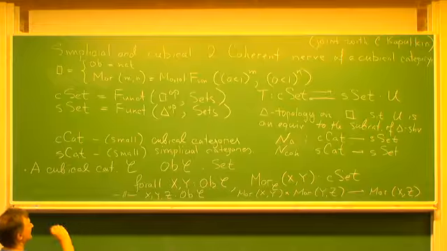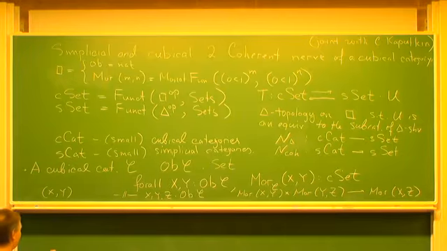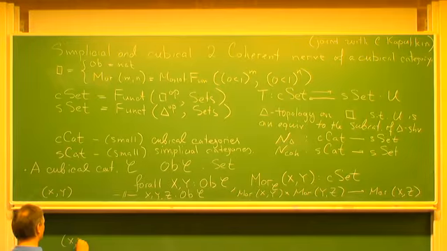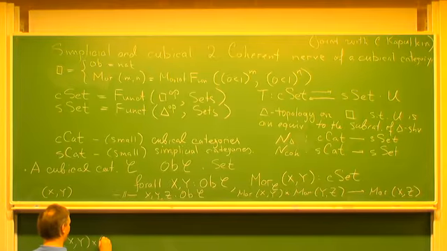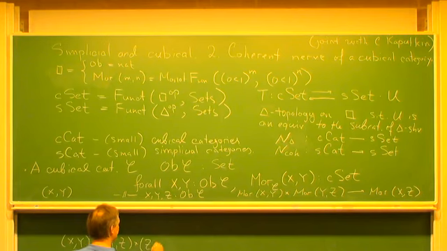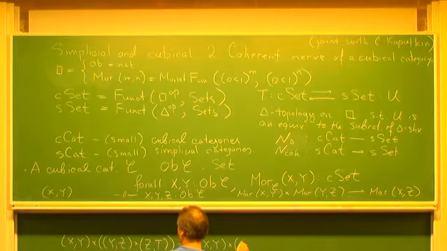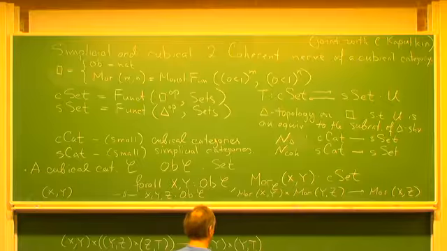So if I'll just denote morphisms like this, without writing the word Mor, then I'll have (x, y), (y, z), (z, t), and from here I can go to (x, y), (y, t), and to (x, t).